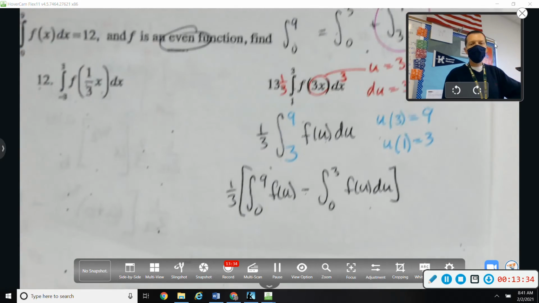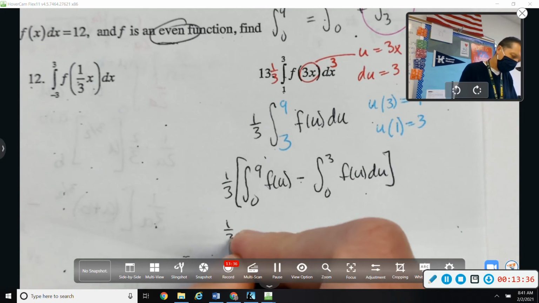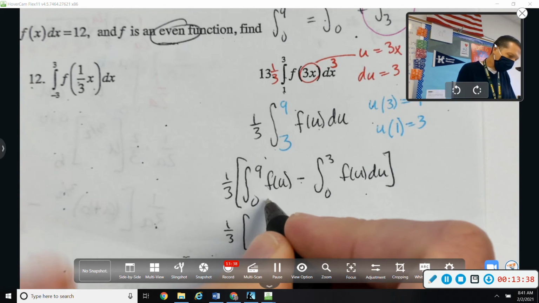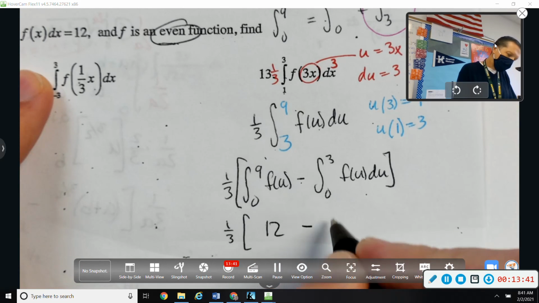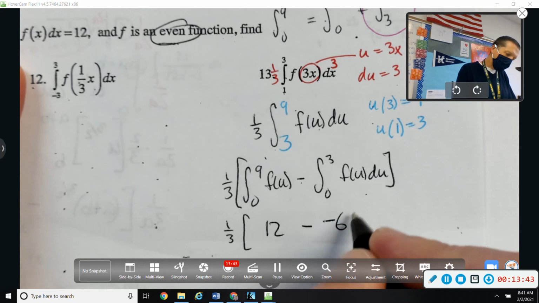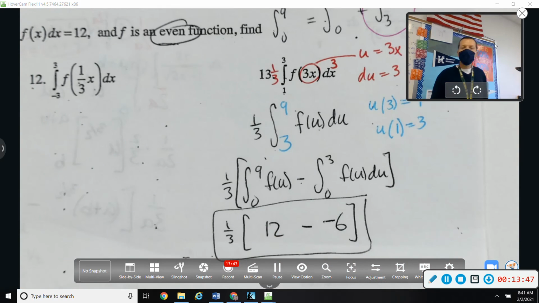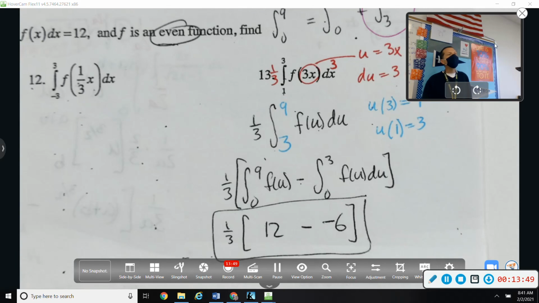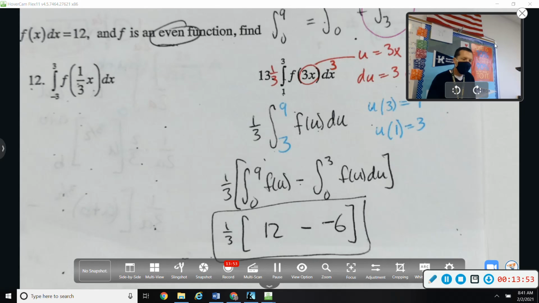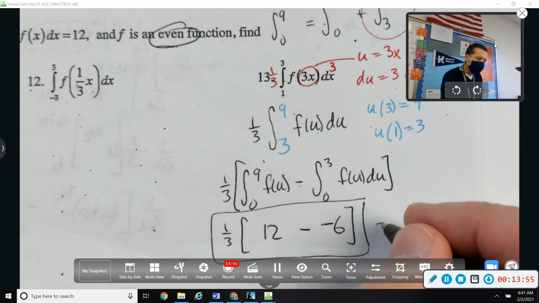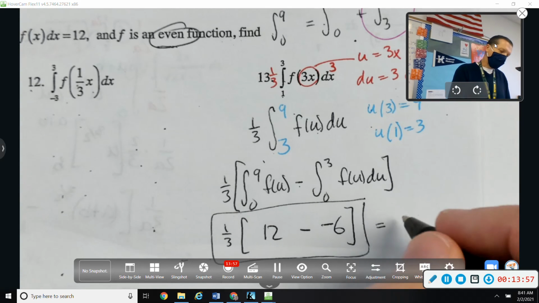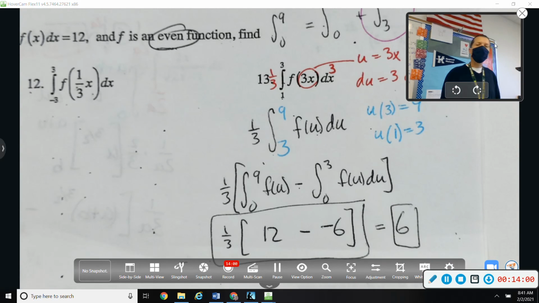And we have those answers given to us. So 0 to 9 is 12, 0 to 3 is negative 6, and if you're feeling lazy, or efficient is a better way to say it, you could stop there. If it bugs you to see that simple math just sitting there waiting to be simplified, then you would get 6.